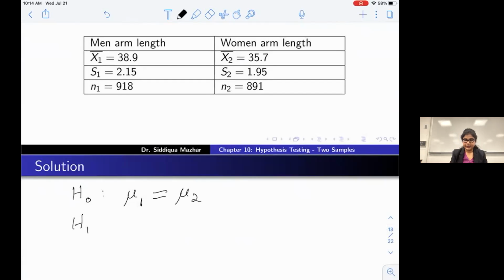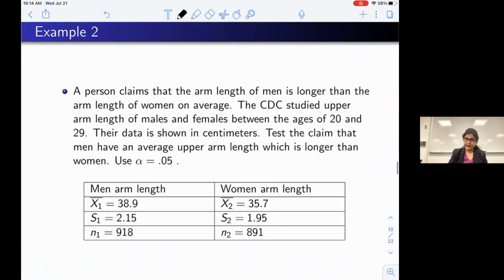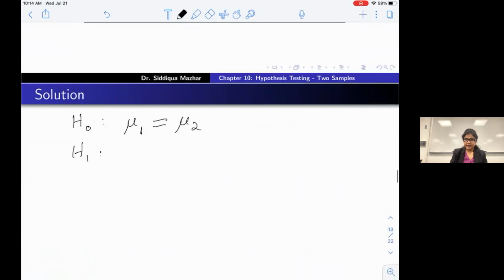H1, which is the alternative statement: it is given in your question that the average arm length for male is longer than the average arm length for the female. So mu1 is greater than the average arm length for female.